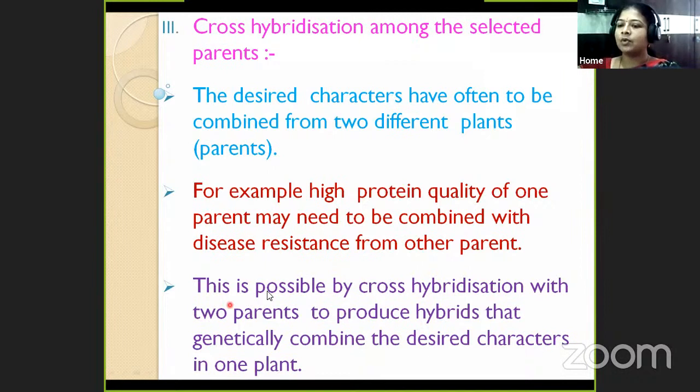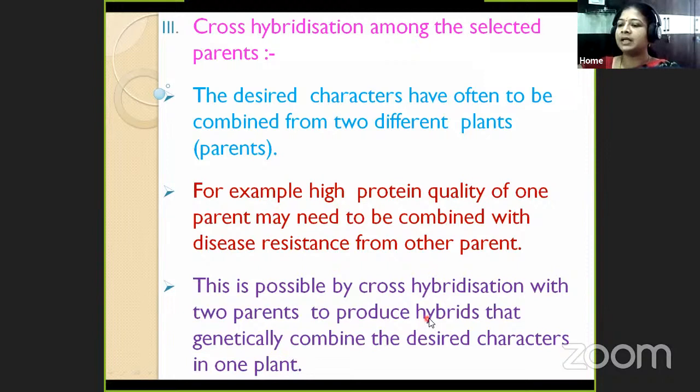This is possible by cross hybridization with two parents, nothing but male and female parents with desirable characters. Both are crossed with each other to produce hybrids. These hybrids genetically combine the desired characters in a single plant.